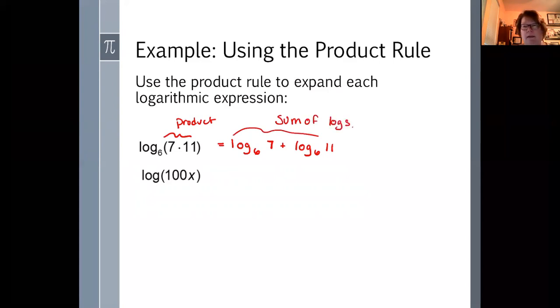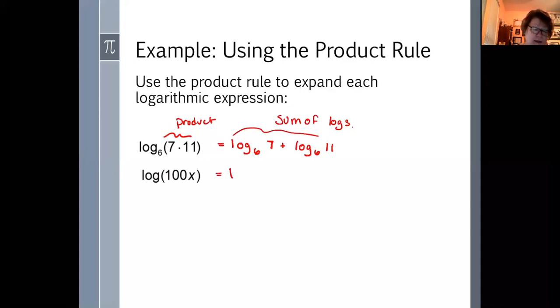All right, so the second logarithmic expression, the log of 100x. As you know, 100x means that you're multiplying 100 times the variable x. So we can write the logarithm of this product as the sum of the logs.